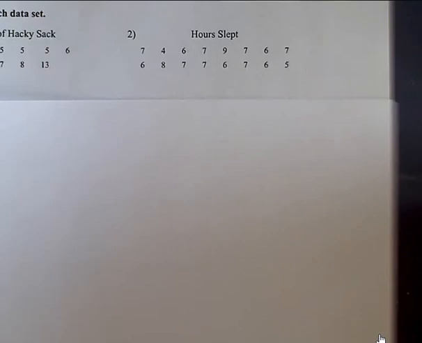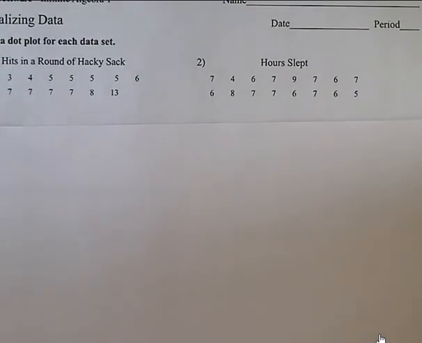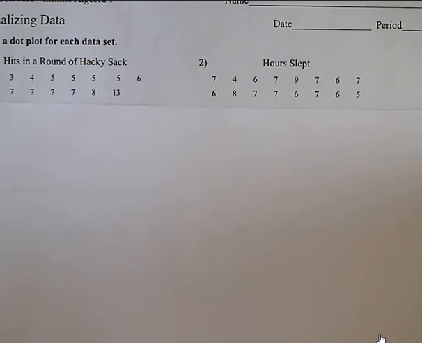And a dot plot is a simple way of taking a number line and using the dots on that number line to create frequencies. Okay, so on question number 2, you see it's entitled Hours Slept. We have those 16 numbers that we need to fill in and graph.